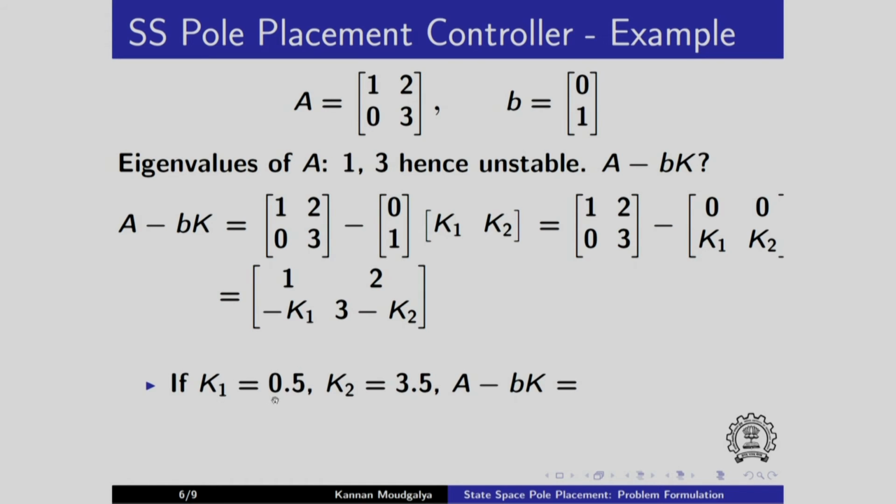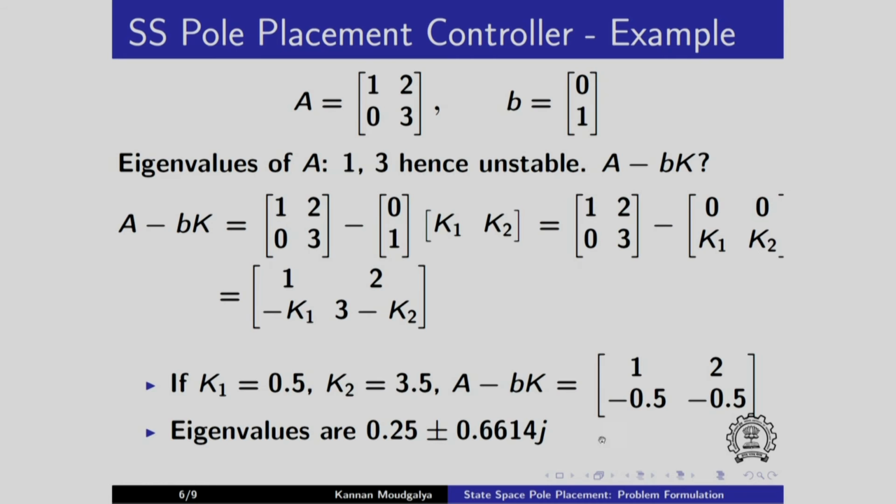Suppose I arbitrarily choose k1 to be 0.5, k2 to be 3.5, then we can get A minus bk to be minus 0.5 here and minus 0.5 here also.